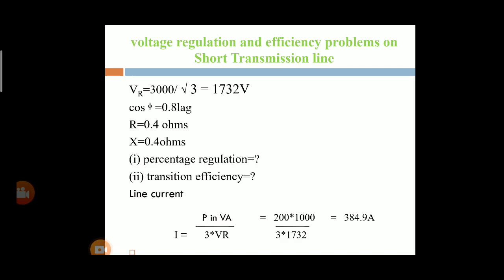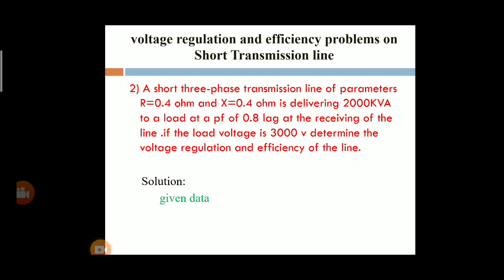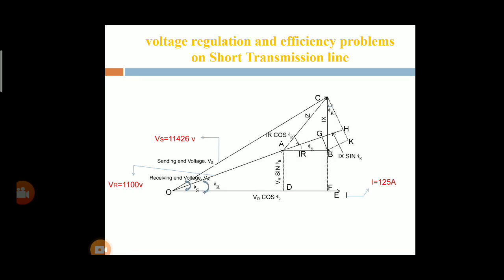Then we draw the phasor diagram for this short transmission line, and substitute the sending end voltage, the receiving end voltage and the line currents, all represented in the equivalent circuit diagram and the phasor diagram like this.